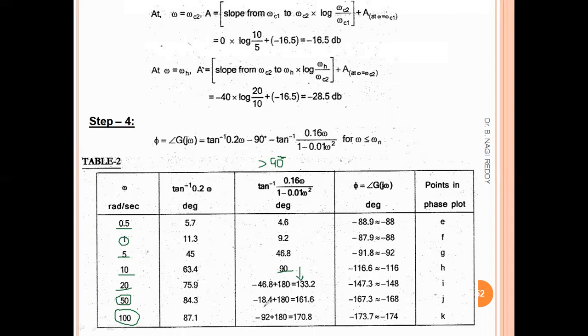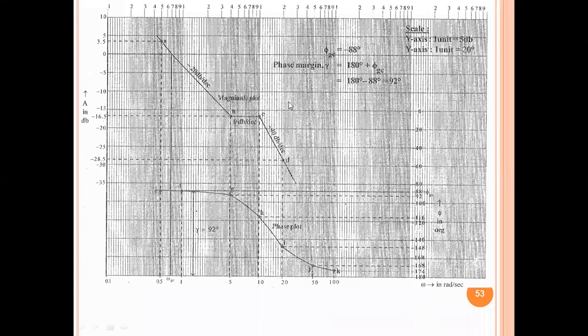So what we have to do is, we simply add 180 degrees for that negative angle. So calculate all the 5 values and substitute in the graph sheet. So you can plot the graph.